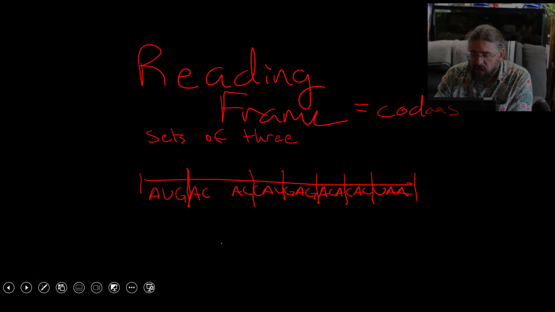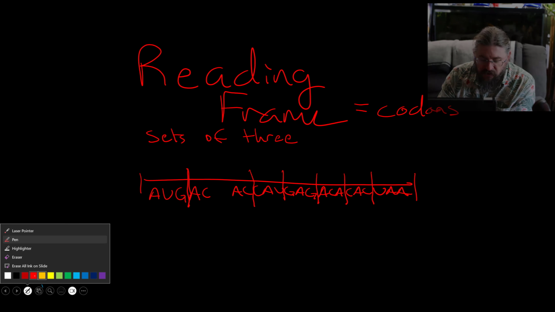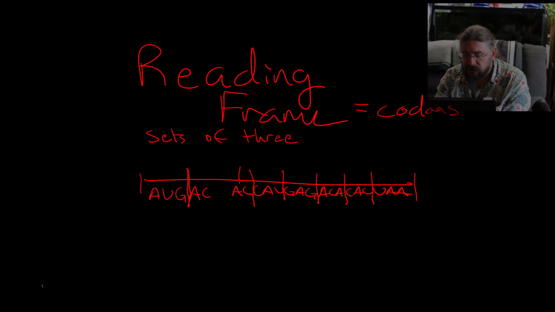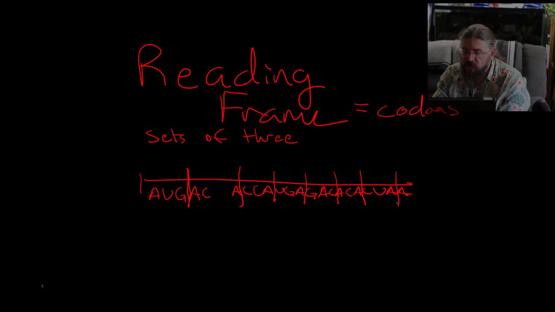Once those 2 nucleotides are deleted, we have to redraw our codons. Our entire set of codons has changed. So CCA, UGA, GAC, ACA, CUA, and we have lost our stop.